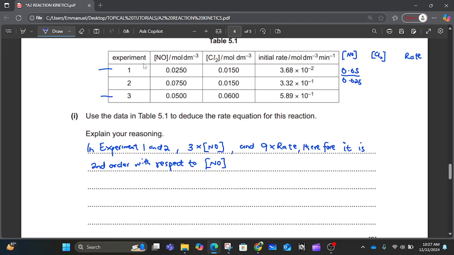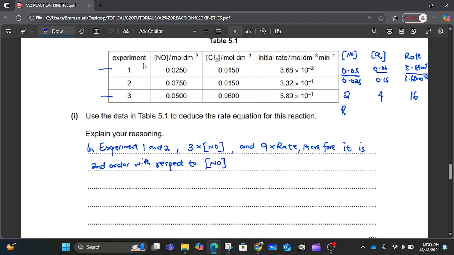That of Cl2 will be 0.06 divided by 0.15, and the rate is 5.89 times 10 exponent minus 1 divided by 3.68 times 10 exponent minus 2. The concentration of NO was increased by 2 times, that of Cl2 was increased by 4 times, and the rate has increased by 16 times.